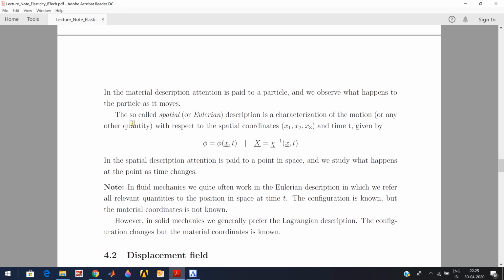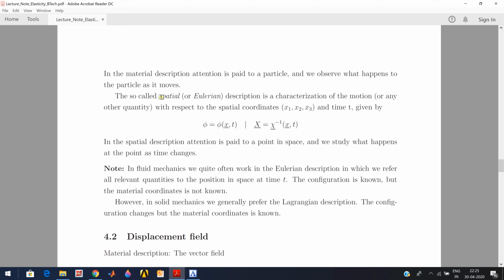So in spatial configuration, the other name of that is Eulerian description. In that description, the motion or any other quantity is characterized with respect to the spatial coordinates x1, x2, x3 and time t.